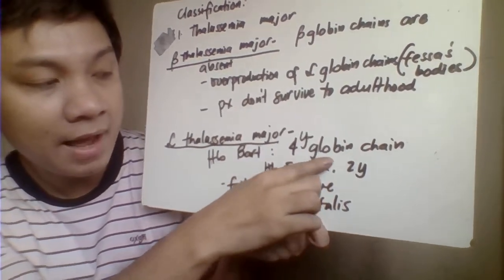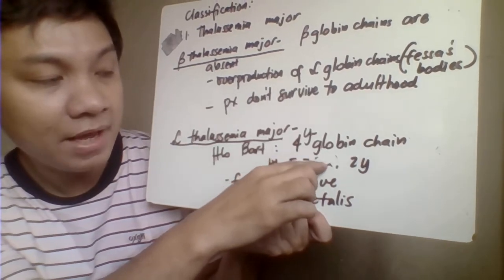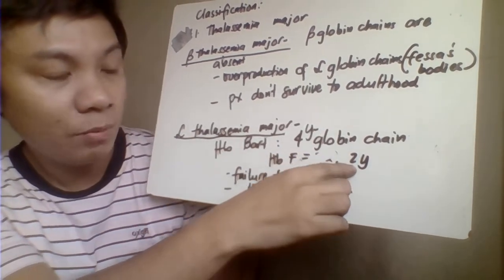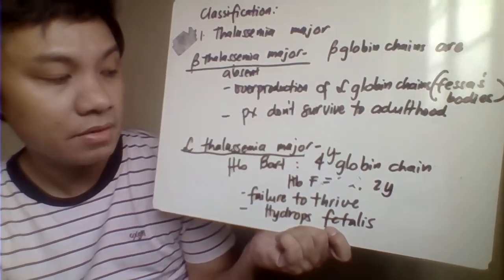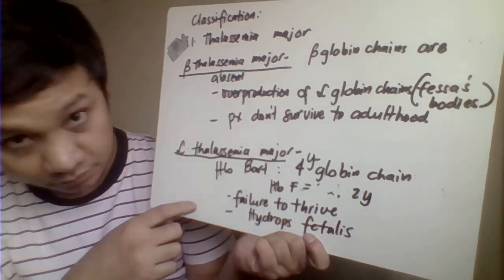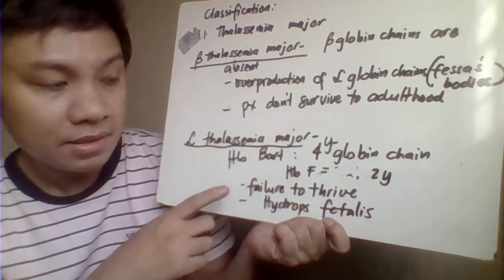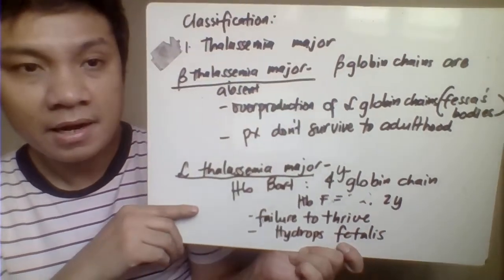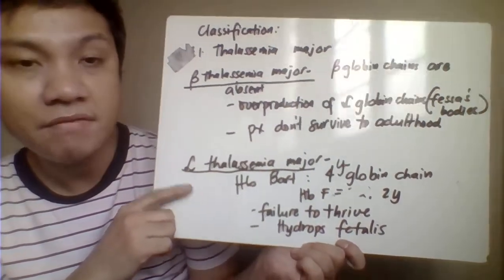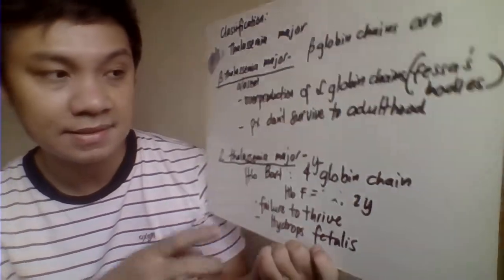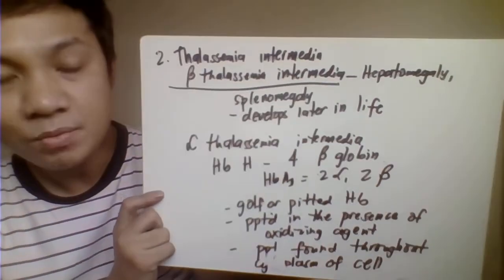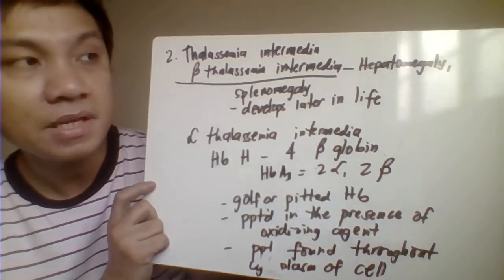Since nawala ang alpha natin, what you have here, magkakaroon ka ng 4 na gamma globin chain. There is also your hemoglobin Bart. Then, this is characterized by failure to thrive, hindi nabubuhay ang baby. That's your hydrops fetalis.